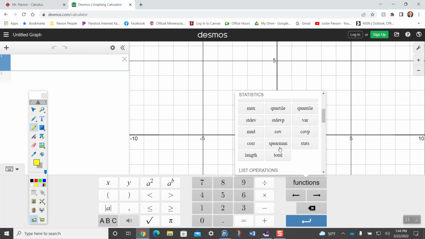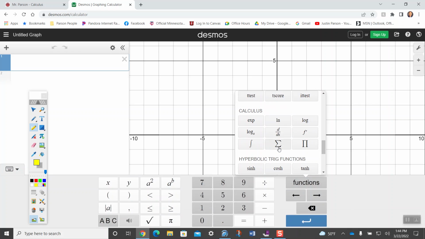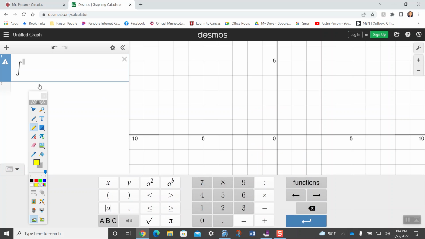Functions. Yeah, I think it's gonna want you to put limits in. Okay, how about this?